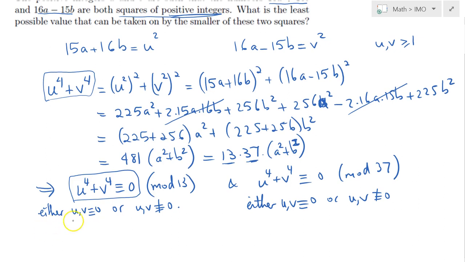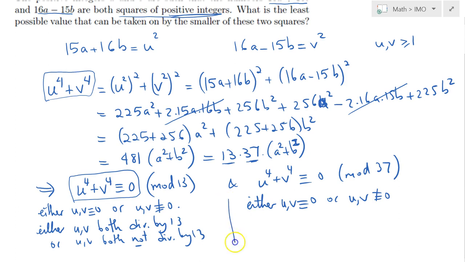So therefore, to write it in plain English, either u and v are both divisible by 13, or u and v are both not divisible by 13.